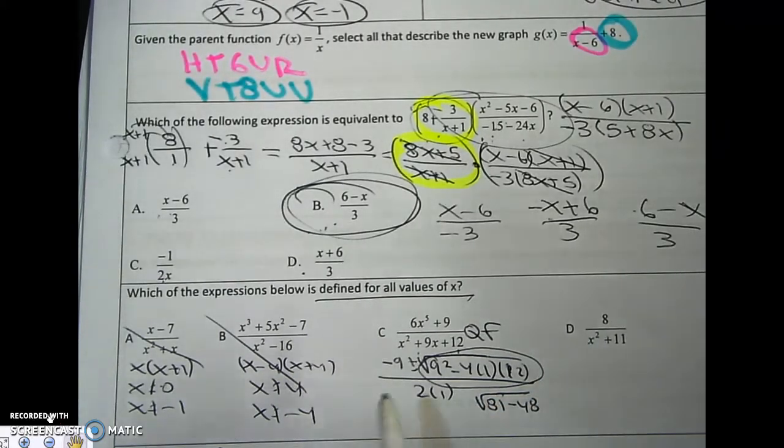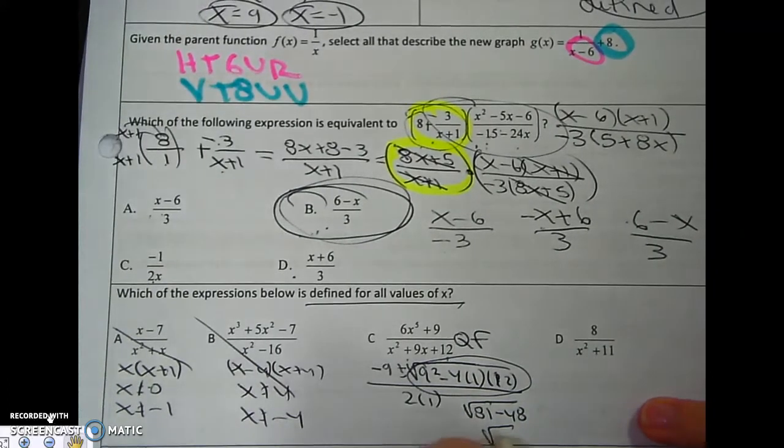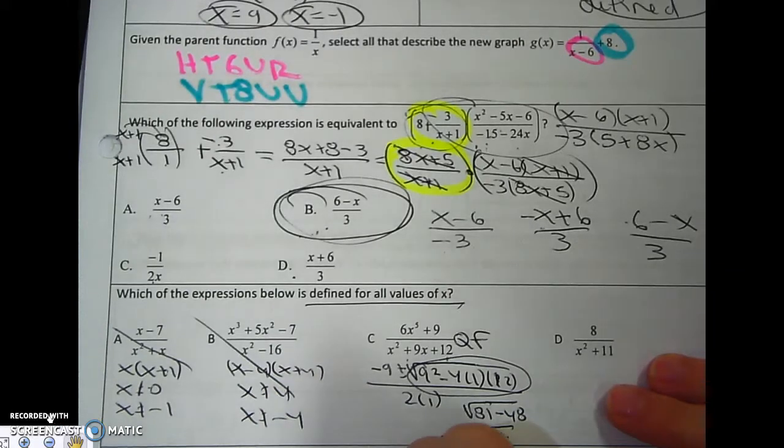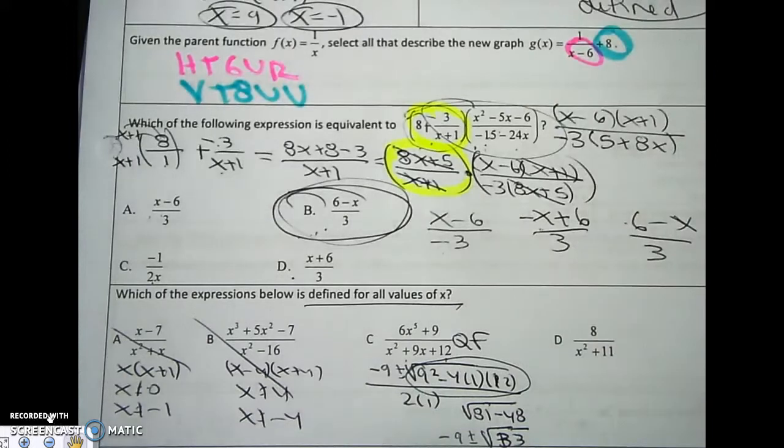Okay. And so I get a positive value. So if it's a positive value, I don't know, what is it, 33. Okay. They will be decimals, but they're still values that won't work.